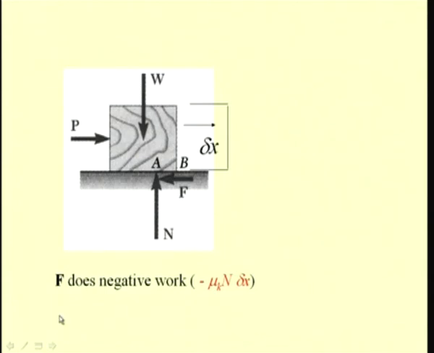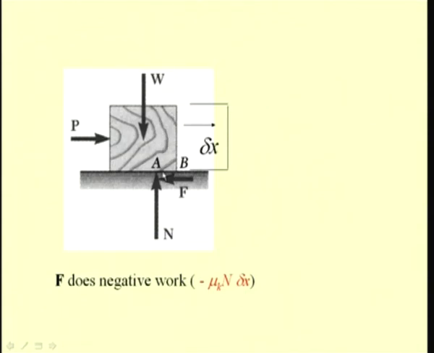So, let us consider the block with friction sliding on a surface which we have used to analyze the problems of friction. So, here we see a block with weight W and a force P is being applied to move this block against the surface.